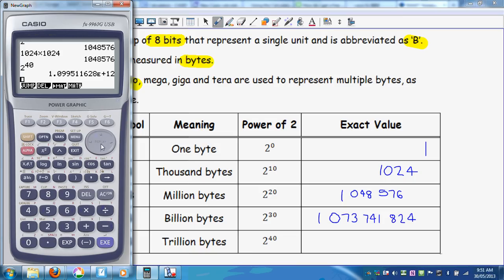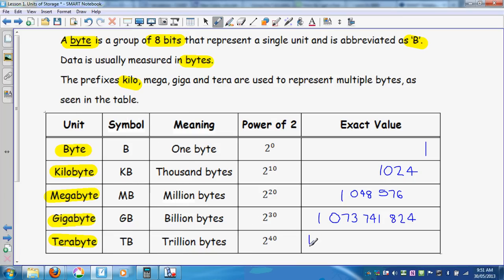You can write it in scientific notation, that's fine, or the long full answer, which actually is in your textbook. We're talking about 1 trillion and then all these numbers that go behind it. But once again, you don't need to remember that. You just need to remember it's multiplied by 1024.